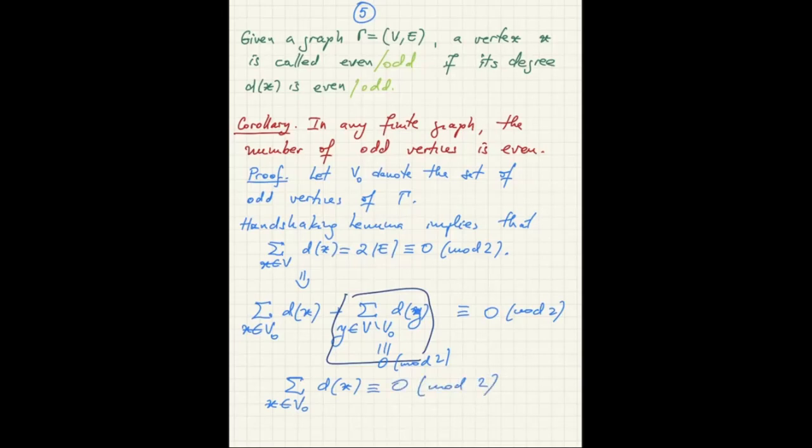But each vertex in V0 has d(x) odd, so this sum on the left-hand side is actually congruent to the summation over all x in V0 of 1, because d(x) is congruent to 1 mod 2. But this is the same thing as the cardinality of V0. So from here, we get that the cardinality of V0 is congruent to 0 mod 2. That means that the number of odd vertices must be even.